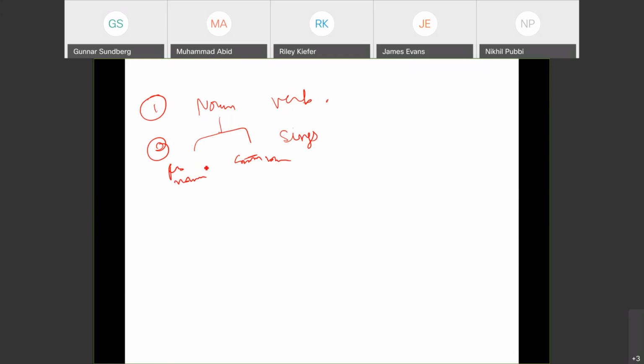Anyone for whom English is their first language should understand this. This is part of English grammar. Pronoun and common noun are two categories, and there are a lot of other categories of noun. Now, noun and verb are non-terminals.